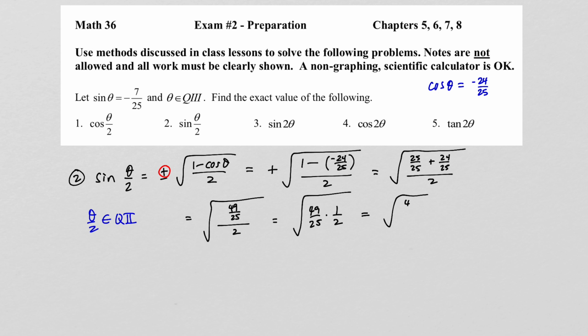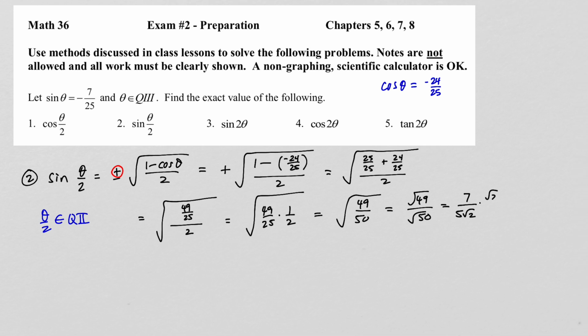And that is the square root of 49 over 50, which can be separated. The square root of 49 is 7, and the square root of 50 is 5 radical 2. Then multiplying by radical 2 in the top and the bottom gives us 7 radical 2 over 10.